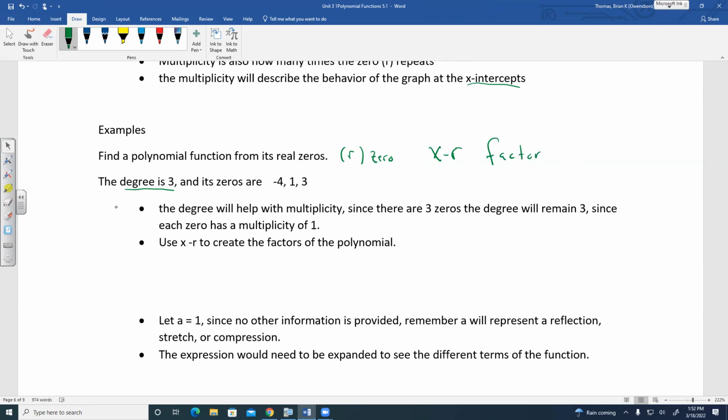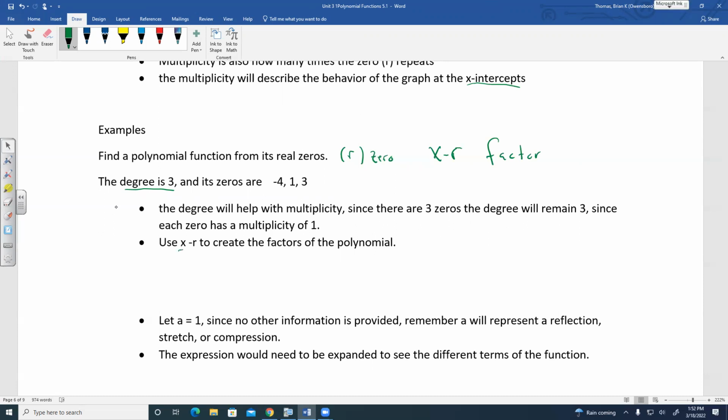The degree will help us with the multiplicity. Since there are 3 zeros, the degree will remain 3. That means each zero only repeats 1 time. In other words, the multiplicity is 1. Each one of these factors is only going to repeat 1 time.